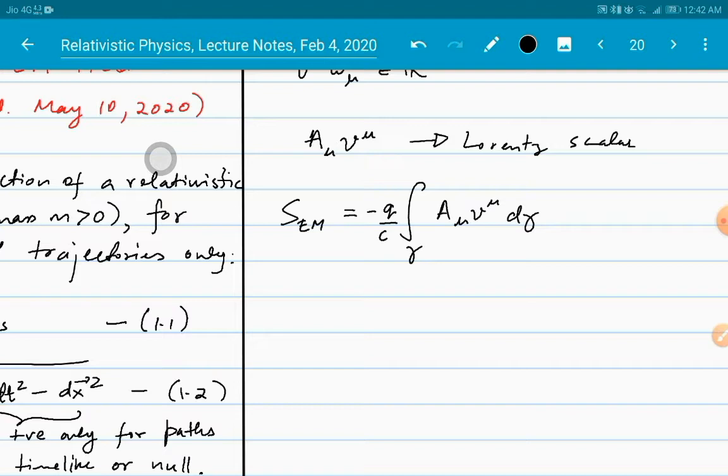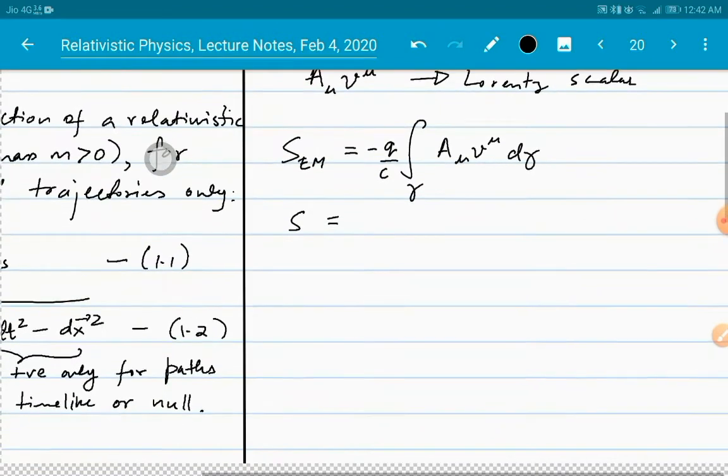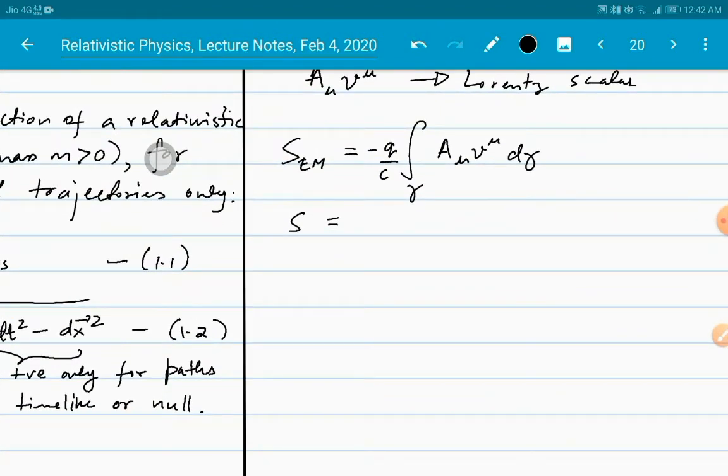So the total action for a relativistic point particle moving under the effect of an electromagnetic field becomes minus mc integral ds minus q by c integral A mu V mu d gamma.